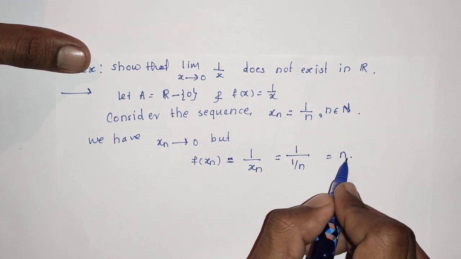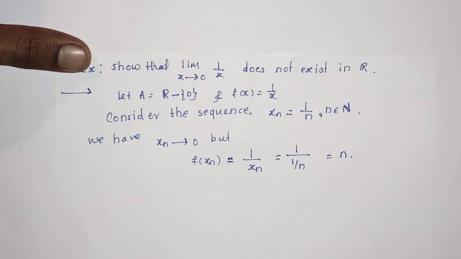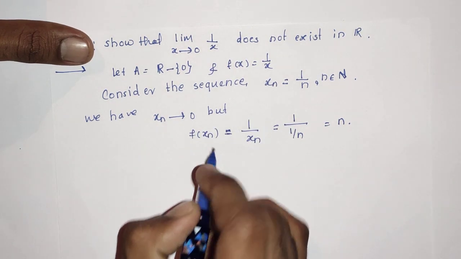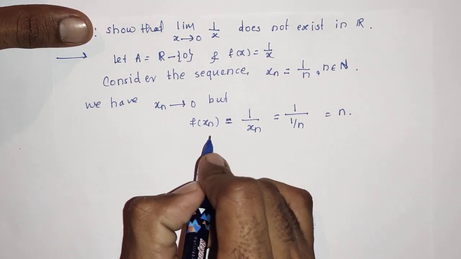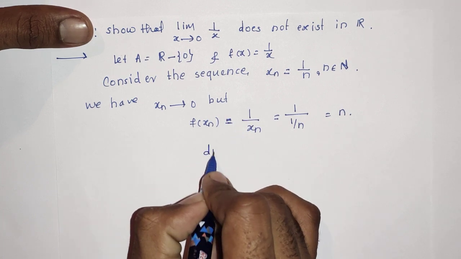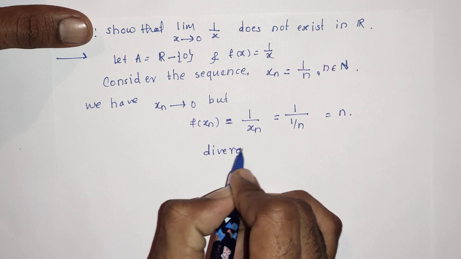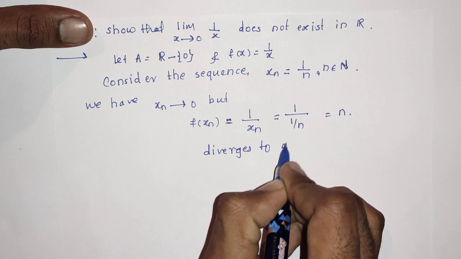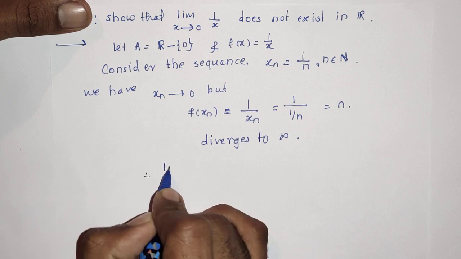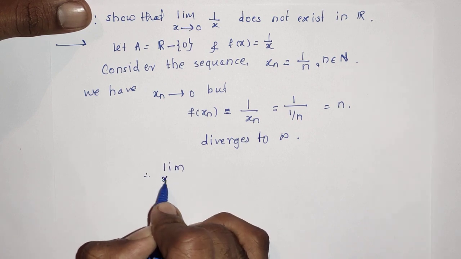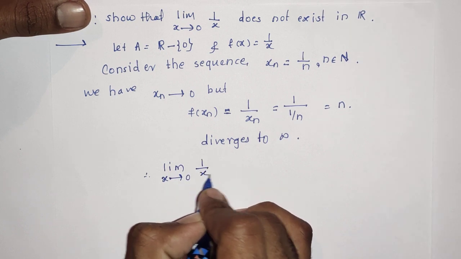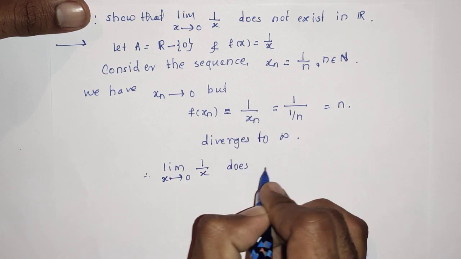Now the limit as n tends to infinity of f of xn is infinity. So this f of xn does not converge; it diverges to infinity. Hence, by the first statement of divergence criteria, the limit as x tends to 0 of 1 upon x does not exist.